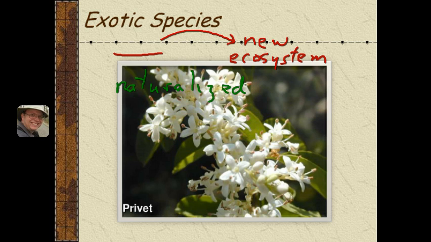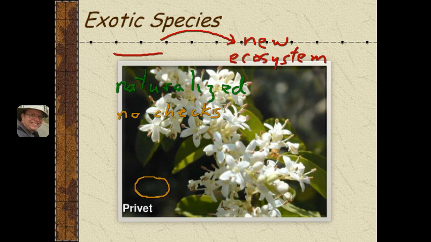The third possibility, though, is the one that's really scary. And it is exemplified by this species right here in our picture called privet. Sometimes the new exotic organism gets introduced into a new ecosystem where there are no checks on its population. And it finds that for many of the things that it requires, it's right there in the optimal zone.